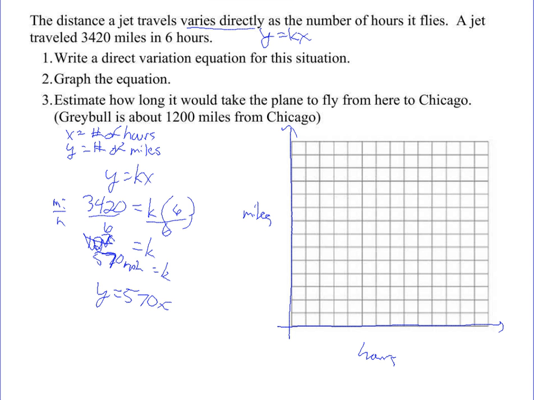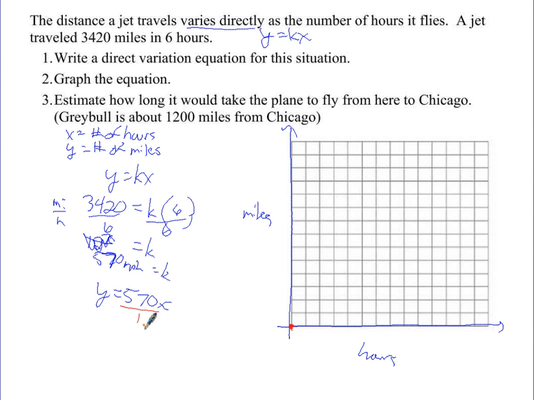At the origin. So I know I have a dot right there. Need a scale. So for every 1 hour, I go 570 miles.